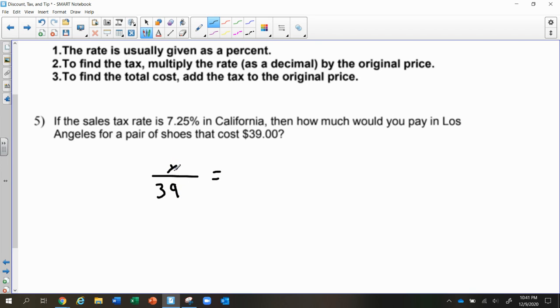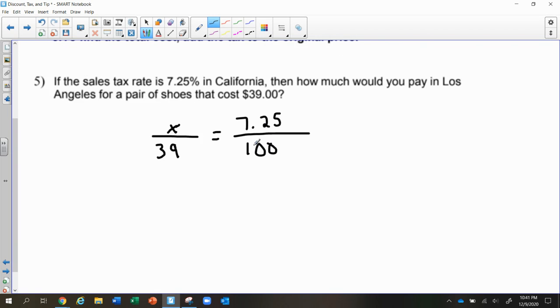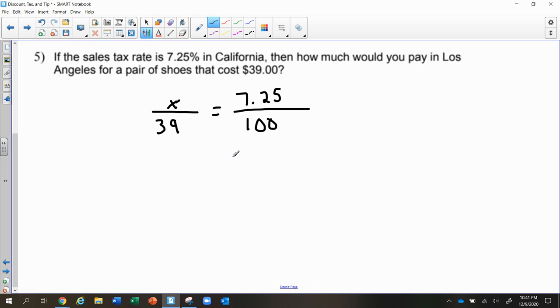I'm looking for the tax, which is 7.25%, which is 7.25 over 100. Now this is going to be a weird decimal because when I divide by 100, I'm still going to need to keep these other two decimals here. It's just going to look like a funky decimal, so I'll give it just a sec here. And multiply both sides by 39.